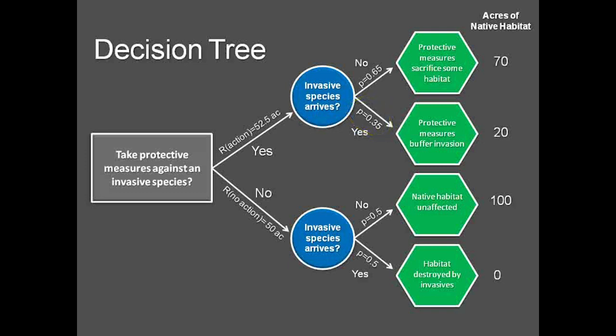The probability of no and the probability of yes have to add to 1. Then we take the product of the probability and the outcome, so 0.65 multiplied by 70, and add to that the product of the probability and the outcome for the other direction out of the chance node. So in that case, 0.35 multiplied by 20.